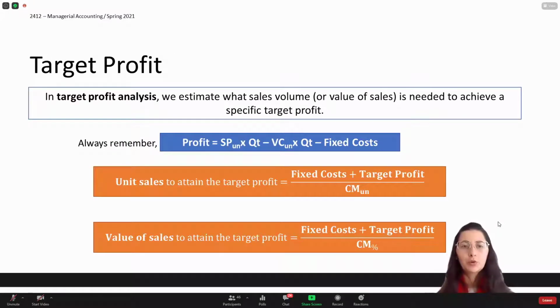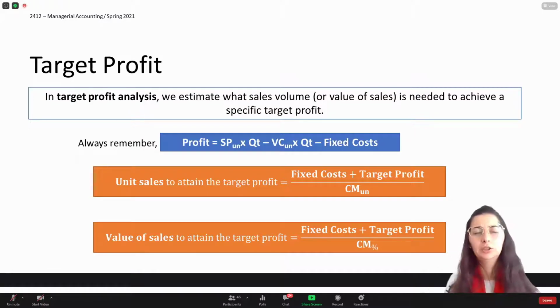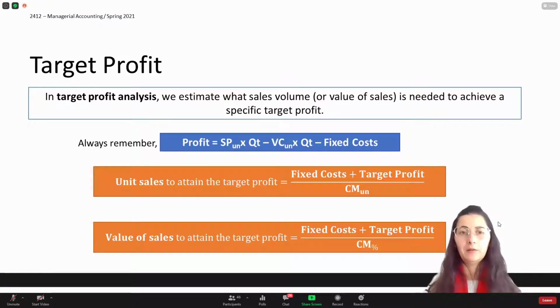So target profit. This is part of the CVP analysis. Let's imagine the CEO of the company wants to have a profit of 1 million euros. If you want to have a profit of 1 million euros, how many units do we need to sell? This is the question. In order to answer it, we use this CVP analysis and we work around the formula.